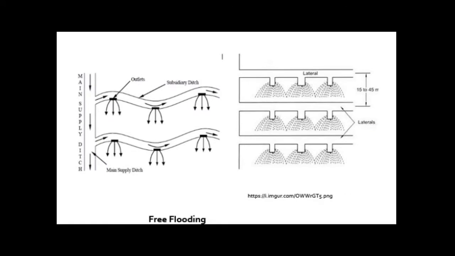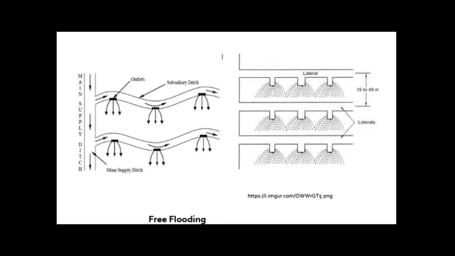The free flooding method is also called ordinary flooding. It is a commonly adopted method where irrigation water is available in huge amount and is cheap. The land is divided into plots of suitable size depending on the porosity of the soil. Water is spread over the field from the watercourse.